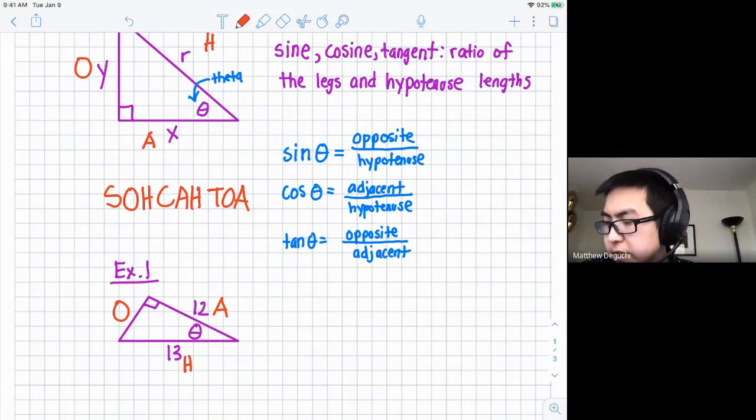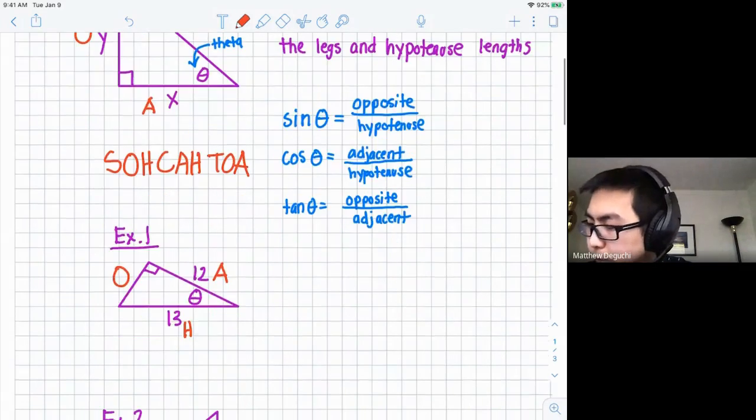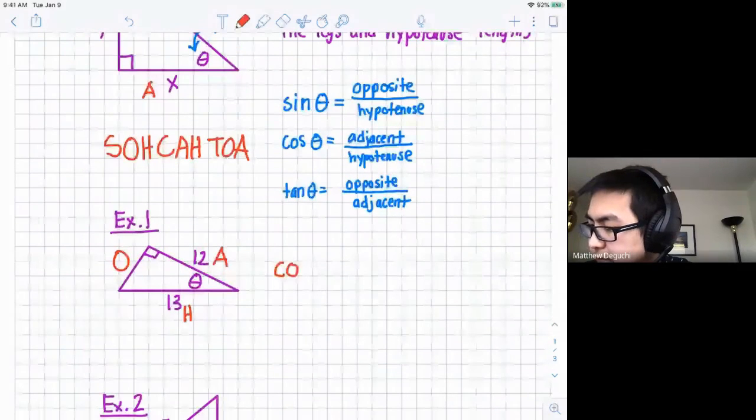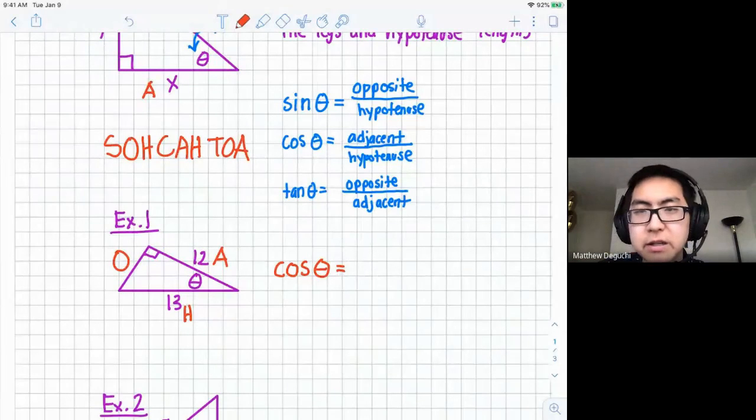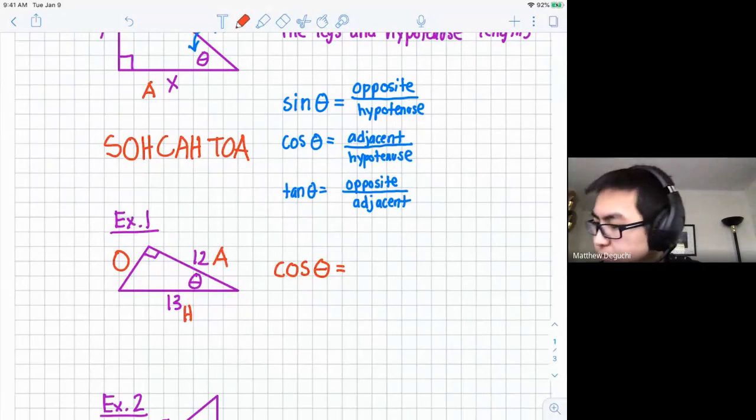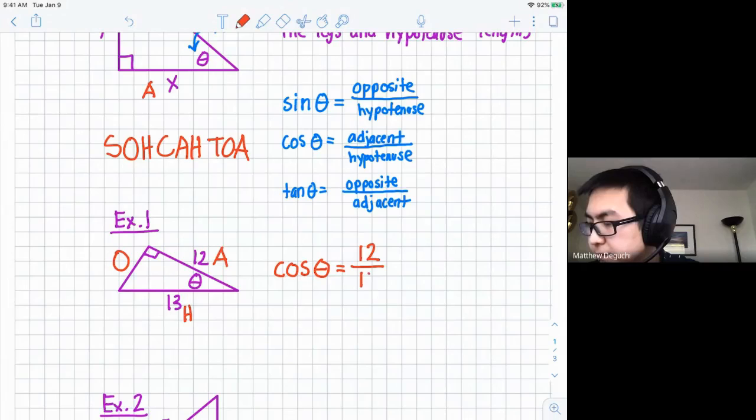So now we can set up our equation to solve. Cosine of theta is equal to adjacent, which is 12, and hypotenuse, which is 13. All right.